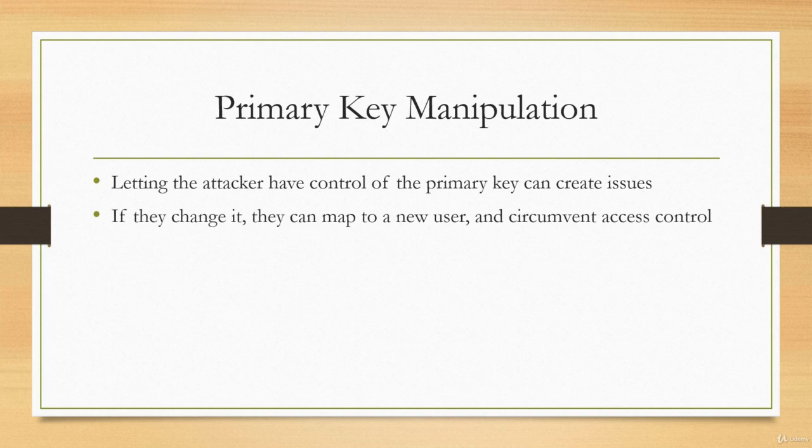Another even more common one: some people for some reason may use first name and last name as a primary key, which is generally a really bad primary key because it has duplicate values. But if you do something like that, you can potentially change those fields if you have power over them, which you usually would in an application, and that in turn could map you to different users and help you circumvent access control.